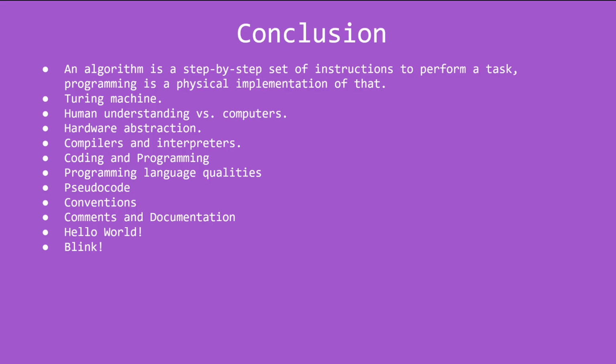We showed some examples of a hello world program. That's usually the first thing that anybody learns in a programming language. We also talked about Blink and showed two examples actually in Arduino and MicroPython, and how that's often the first program when you're working with hobby electronics development boards.